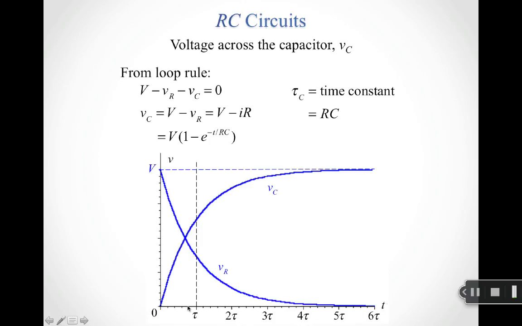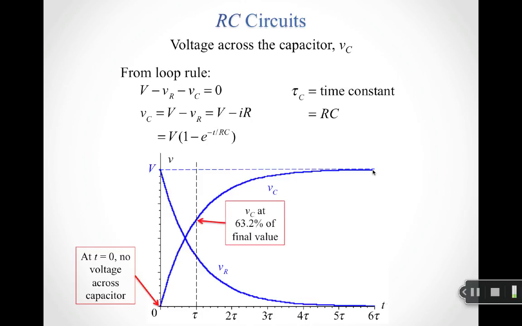The voltage across the resistor decays as the current decreases in the circuit. The voltage across the capacitor increases. So as we place more and more charge onto the capacitor, the voltage across the capacitor increases. And so at t equals 0, there's no charge yet on the capacitor, so there's no voltage across it. No voltage between the capacitor plates.